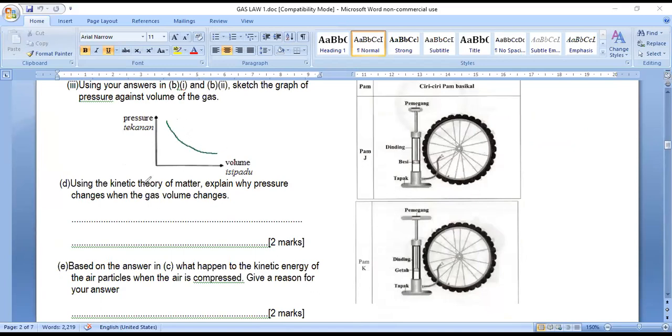Then using the kinetic method, explain why pressure changes when gas volume changes, for a fixed mass. You can choose to talk about what happens when volume increases or decreases.